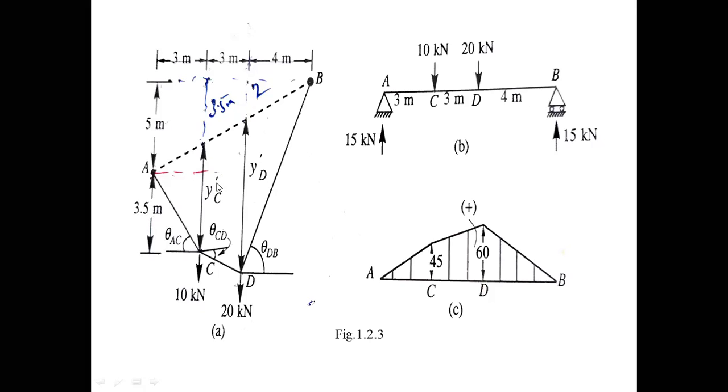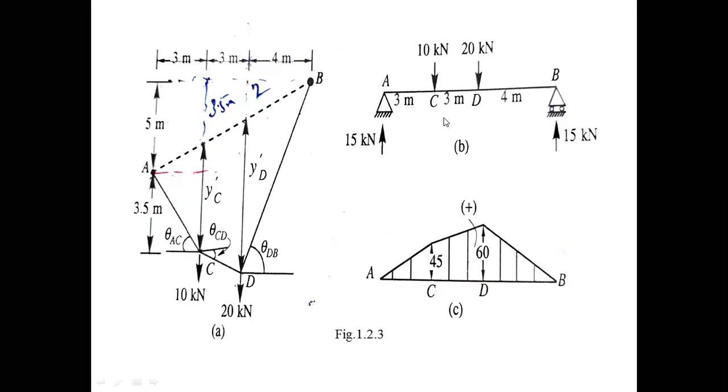Once you know YC dash, and you know the bending moment at C is 45, then the horizontal reaction at any support, H, is equal to 45 by YC dash. So how to find the 45? This is the bending moment. Take the simply supported beam AB and place the two concentrated loads at C and D, with horizontal distances 3 meters, 3 meters, and from support B 4 meters, and find the reactions.